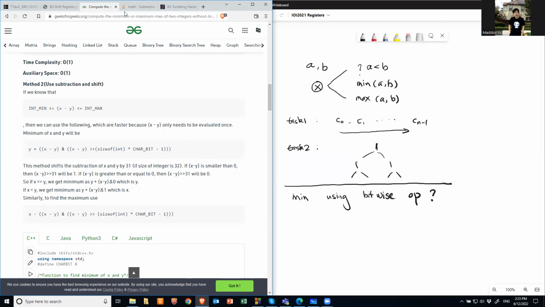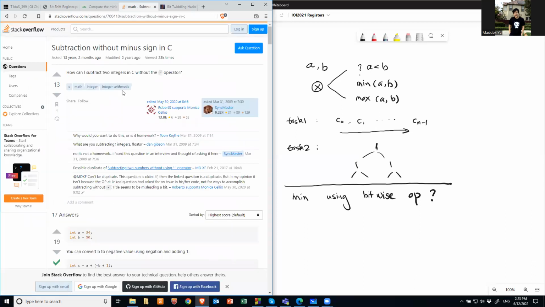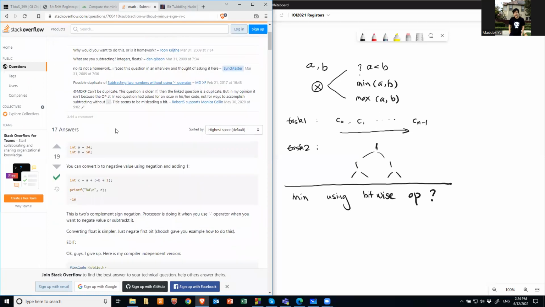Let me give you another instruction, which is on Stack Overflow. Those are the places you can find good answers: GeeksforGeeks, Stack Overflow, those kinds of places. So x minus y, or a minus b, is basically a plus negative b. What is negative b? It's the complement of b, plus 1.